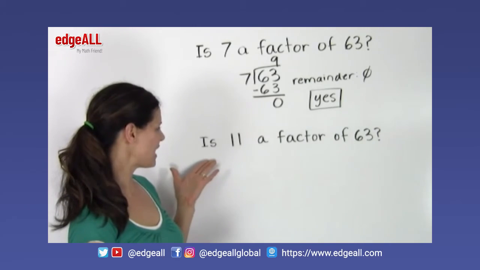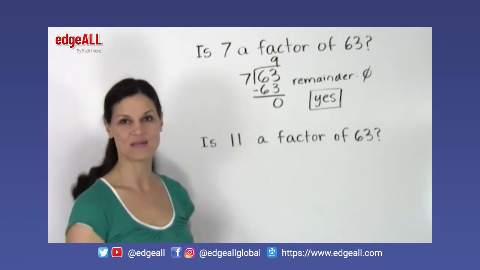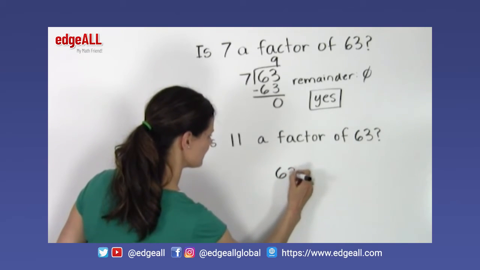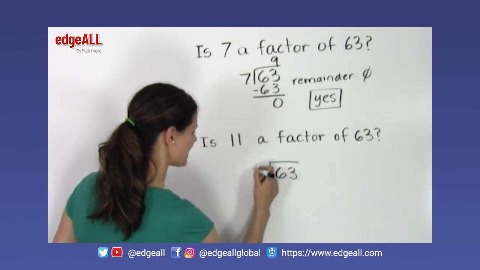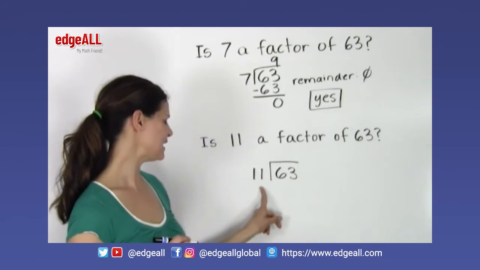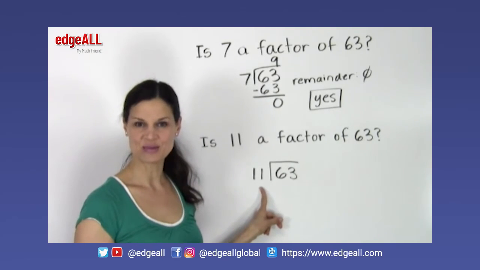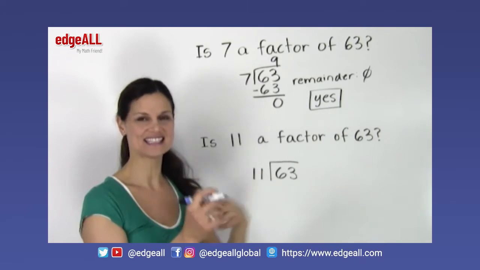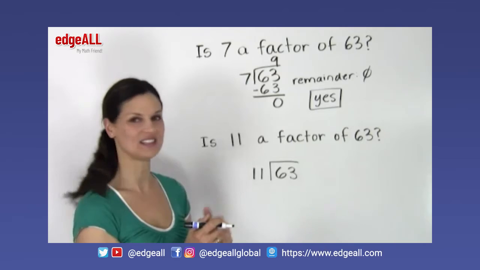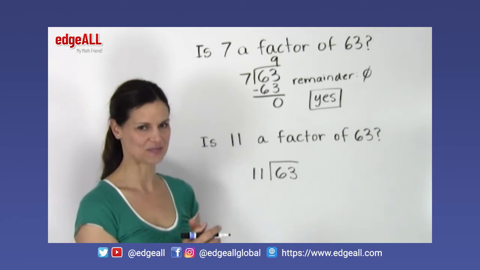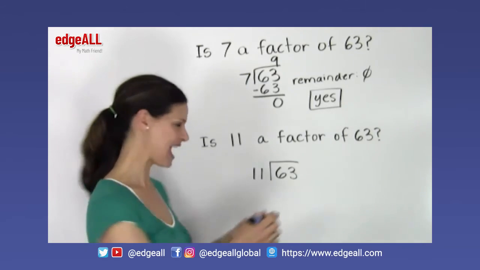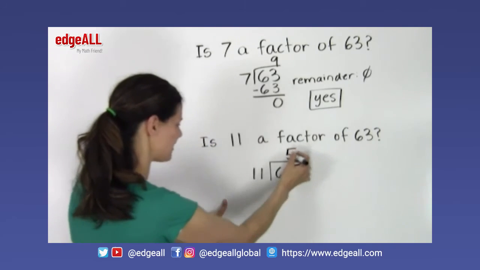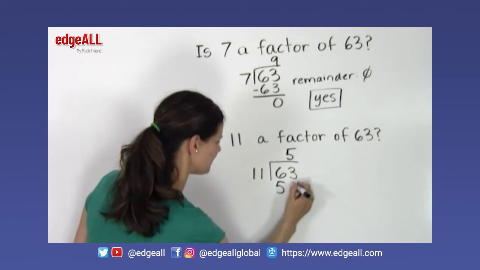Let's look at this next one. What about when I divide 63 by 11? So if I have 63 divided by 11, then I ask myself, what whole number can I multiply by 11 to get as close to 63 as I can, but still equal to 63 or under? And the answer to that question is 5. And so I place my 5 here, and I multiply 5 times 11 equals 55.